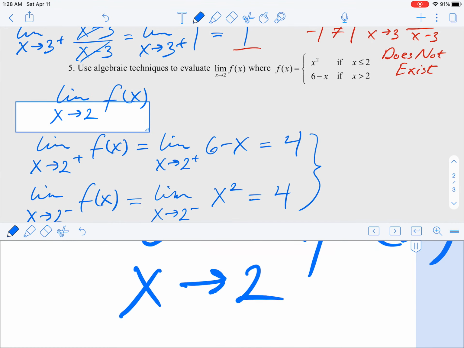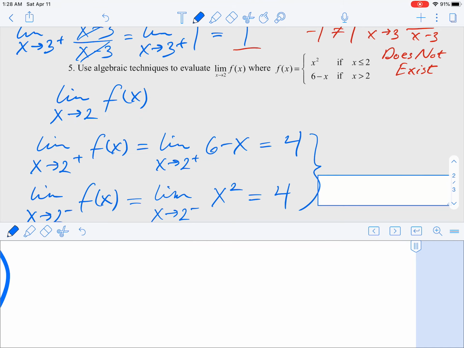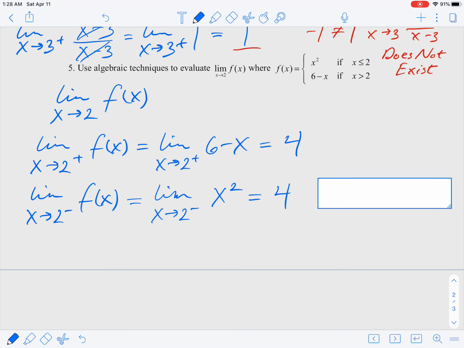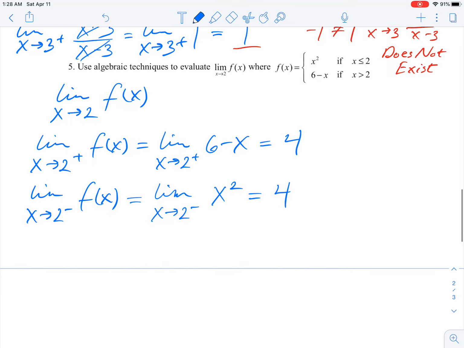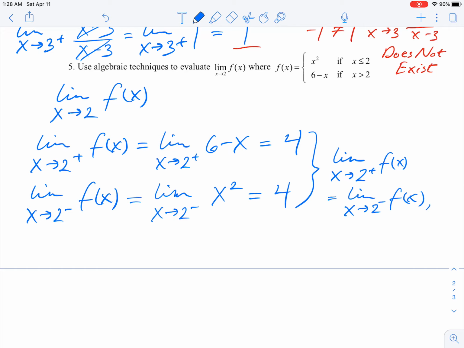Aha! So, we once more can say that the limit as x approaches 2 from the right of f of x equals the limit as x approaches 2 from the left of f of x.